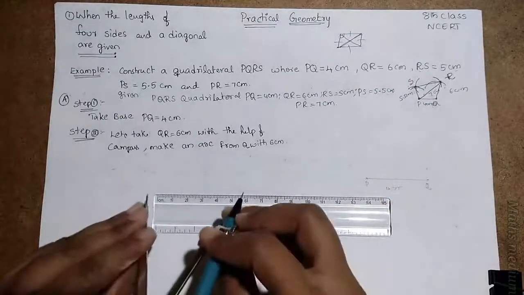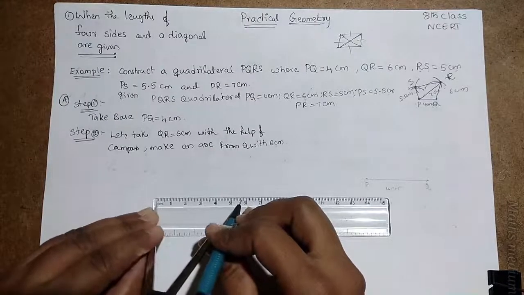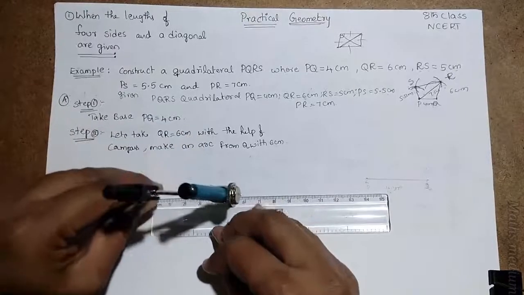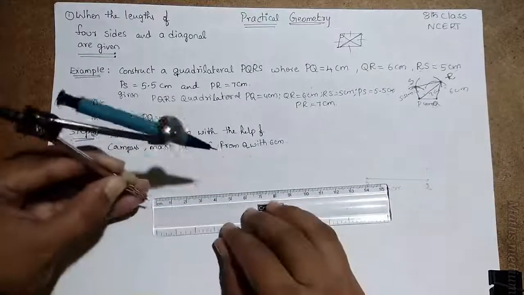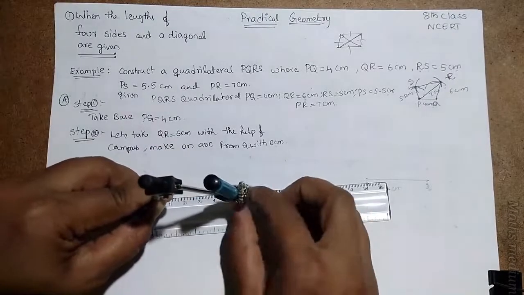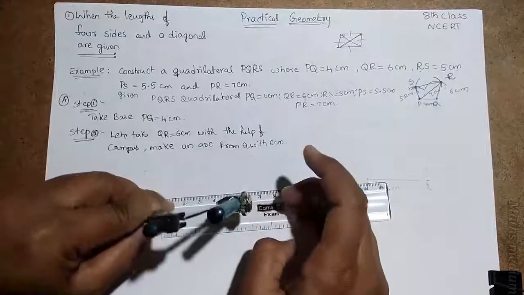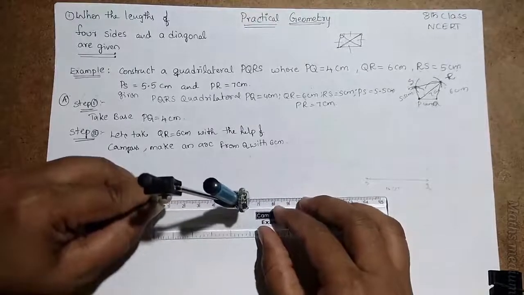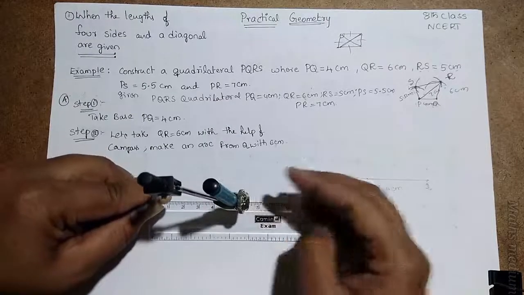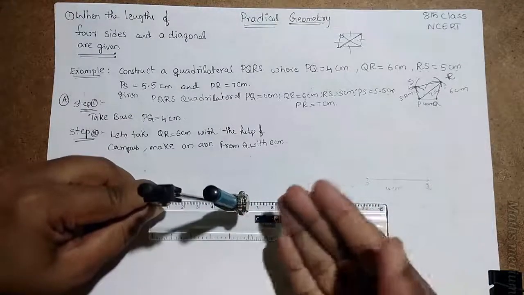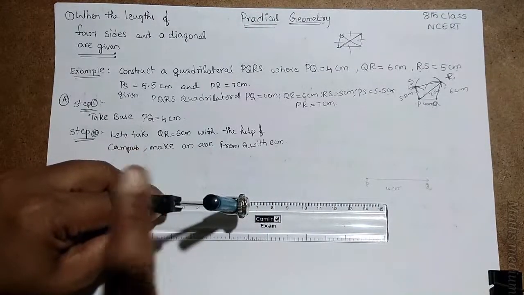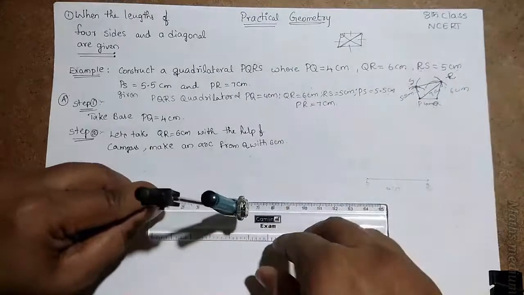Put the 6 centimeters. Observe here, we have to put the 0 pointer at 0, and that is 6 centimeters. In practical geometry we have to be careful about parallax error, because if we measure from one side and look at an angle, then we get the answer wrongly. Make sure that you see any measurement from the top angle only.